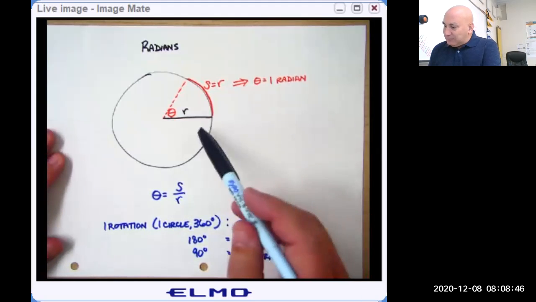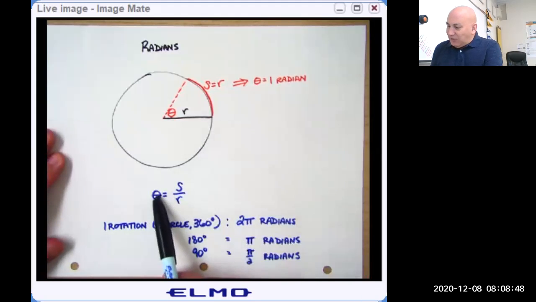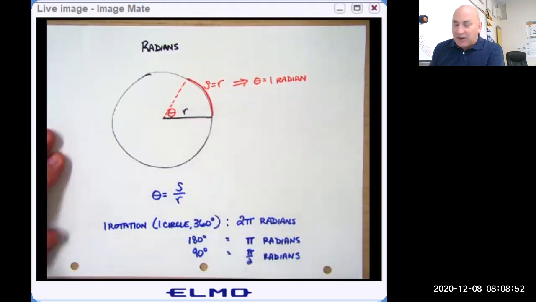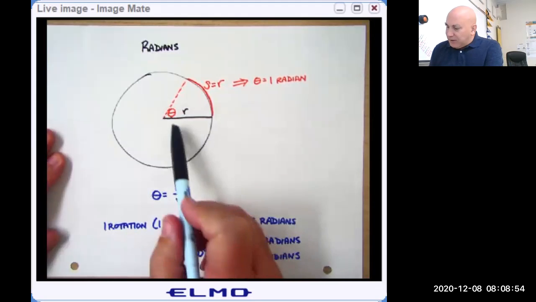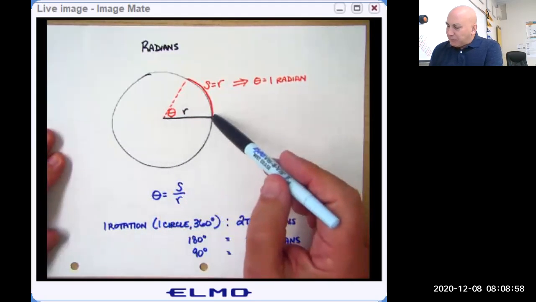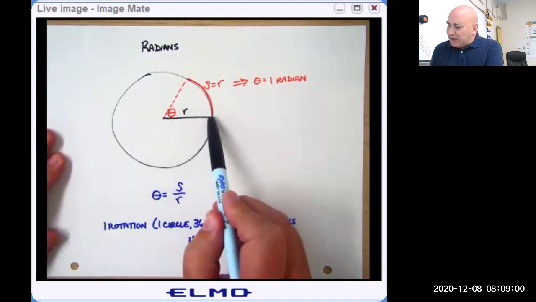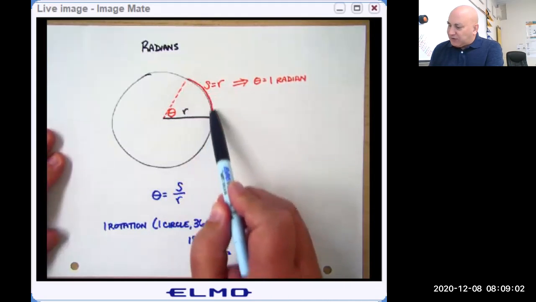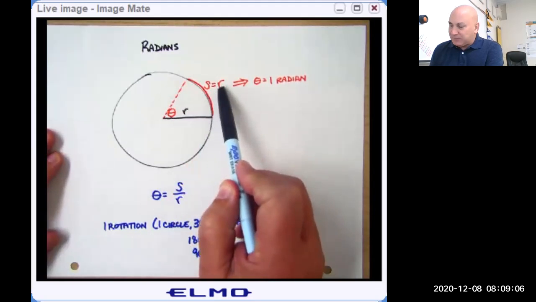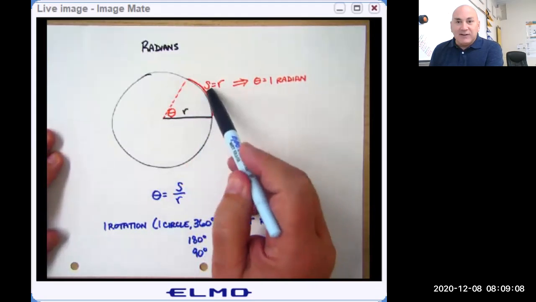So a radian. There's an angle theta. This is the Greek letter theta. It's a circle with a diameter across it. If you take a radius r on a circle and let this be a ray, and you rotate it such that this arc length here is equal to the radius. So s is arc length.